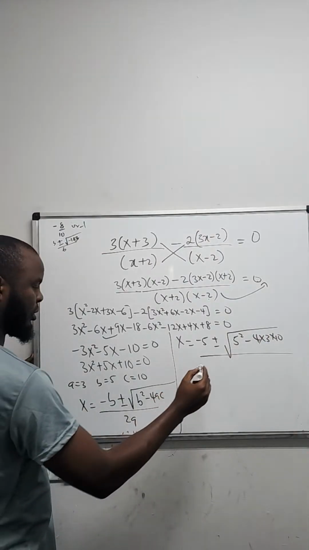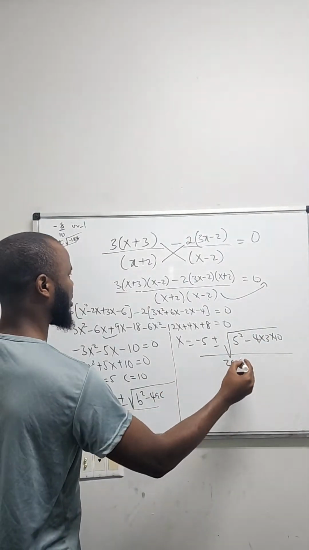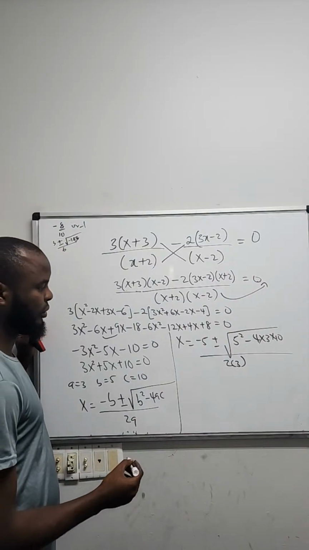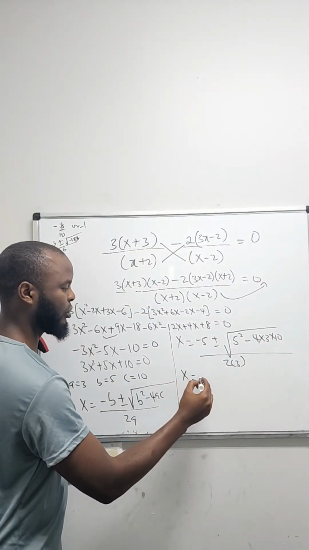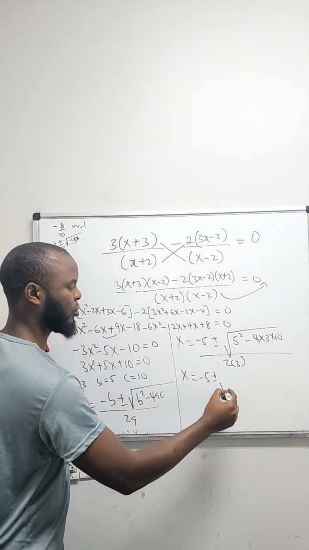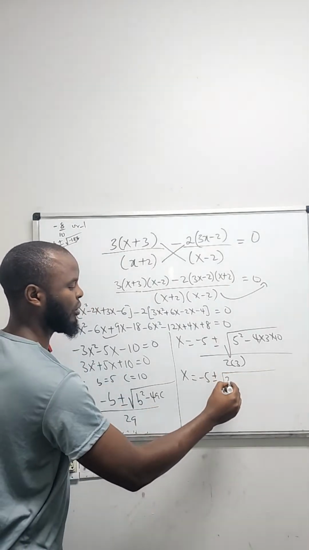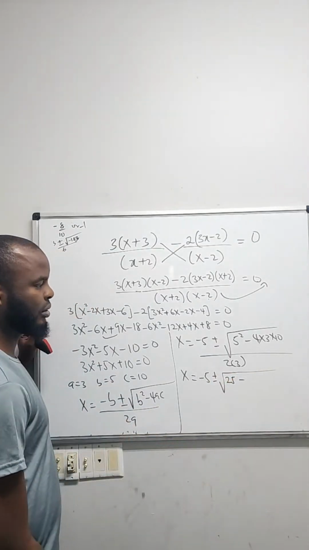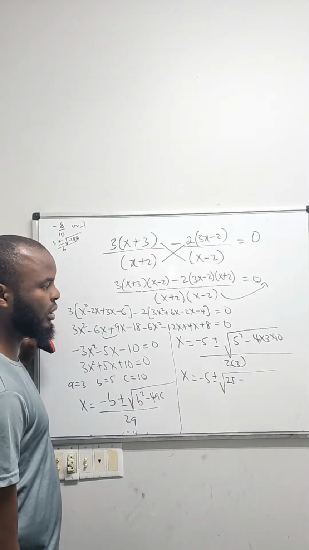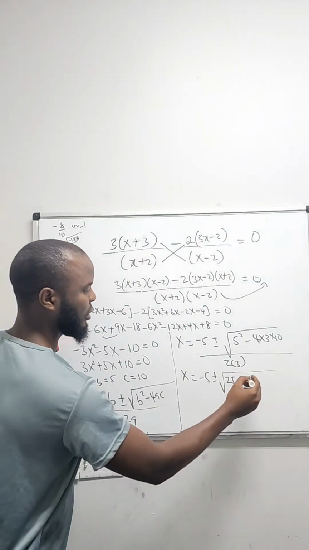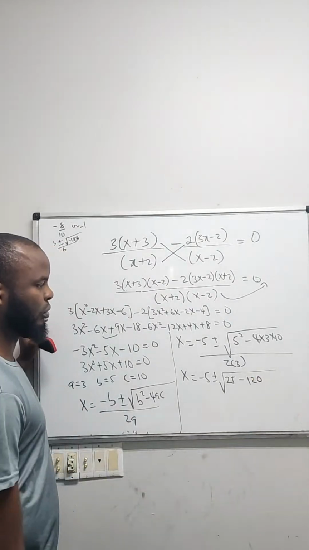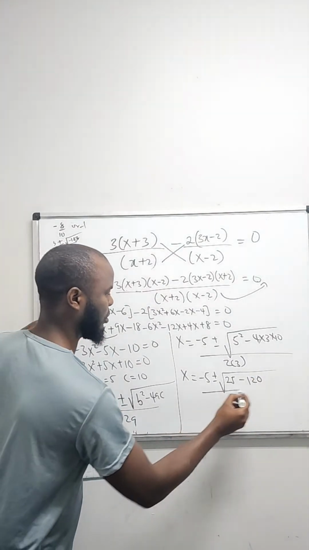What is a? 2 times 3. So here we have x equals minus 5 plus or minus root 5 squared is 25 minus 4 times 10 is 40 times 3, so 120, over 6.